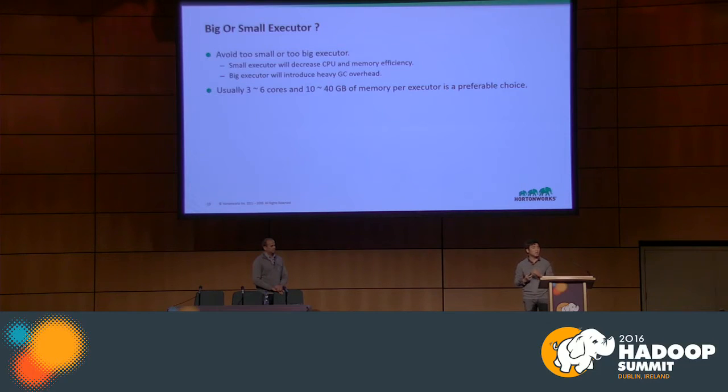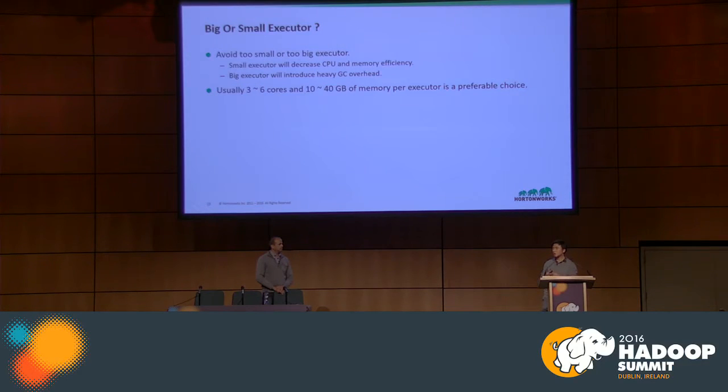Also, for the big executor, the big problem is GC. Since the JVM has to manage a large memory zone, this will significantly increase the GC time and make the application unresponsive.